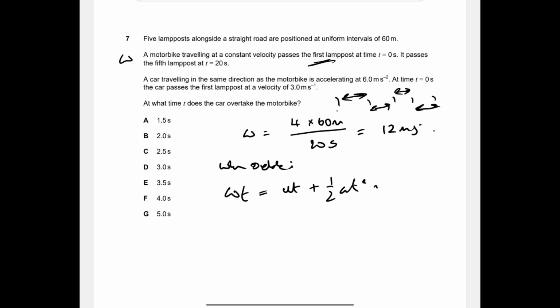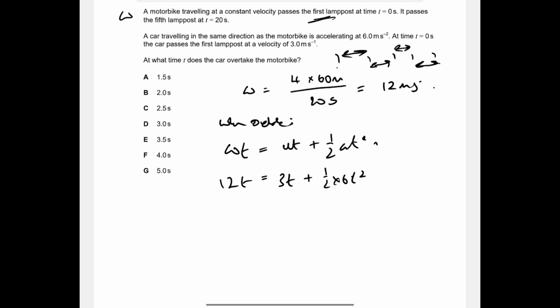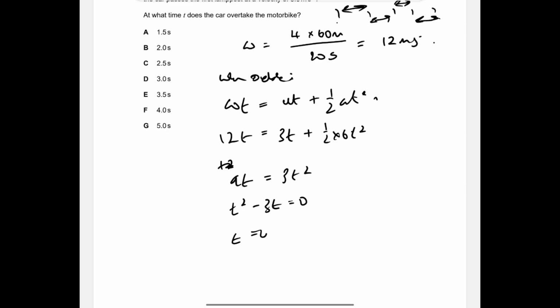U over here is 3. So plugging the numbers in, we get 12t equals 3t plus half times 6t squared. So that's 9t equals 3t squared, so t squared minus 3t equals 0. So t equals 0 or 3. So we'll take the 3-second solution.